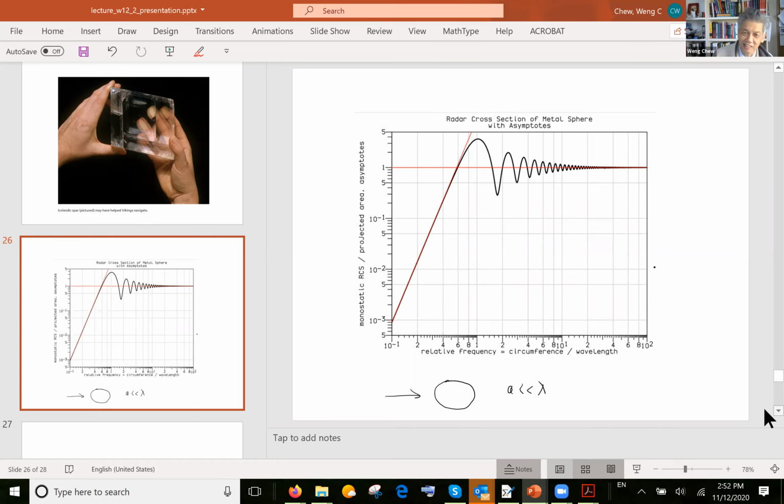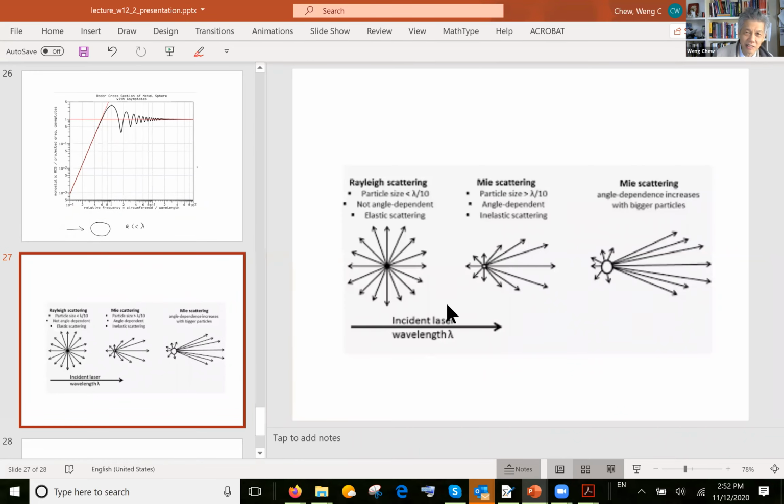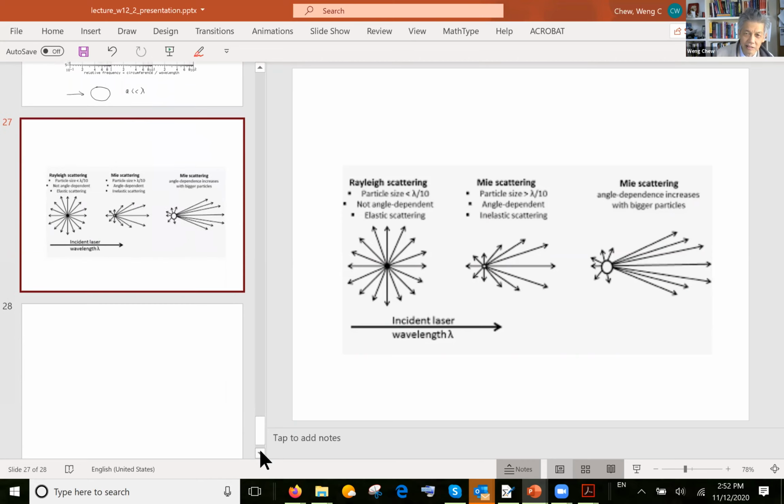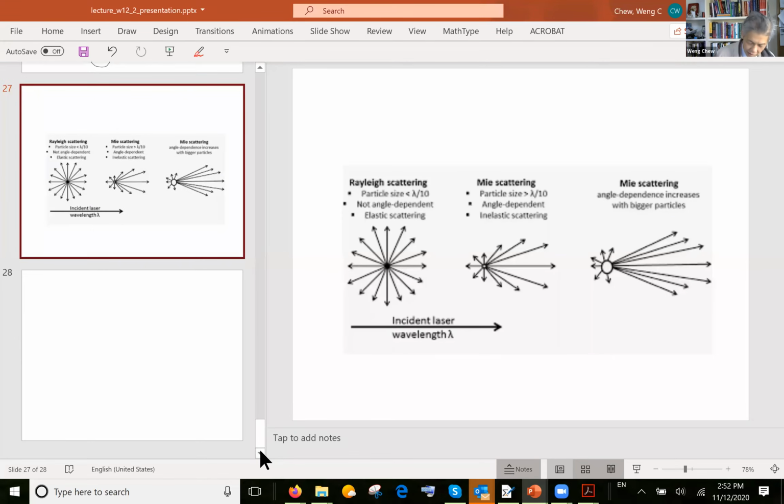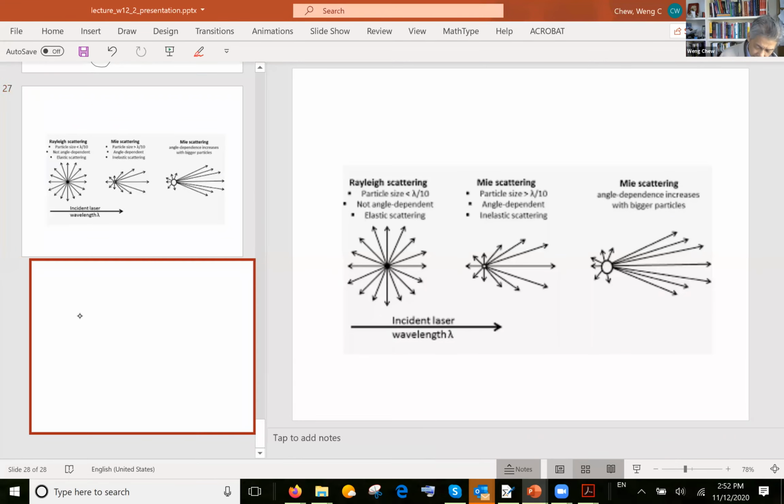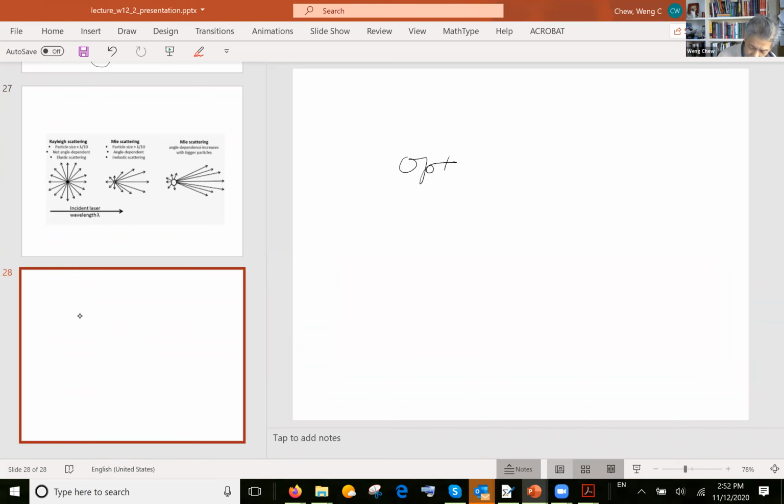So Rayleigh scattering and Mie scattering, that's something that I talked about in the lecture notes more, which is Rayleigh scattering versus Mie scattering. As the frequency gets higher, the scattering is actually more in the forward direction. And there's something called the optical theorem that I don't have time to discuss. You should read about it in the lecture notes.